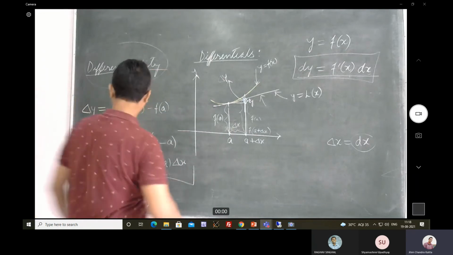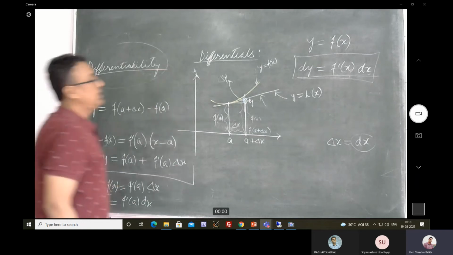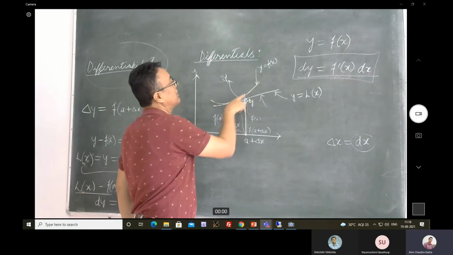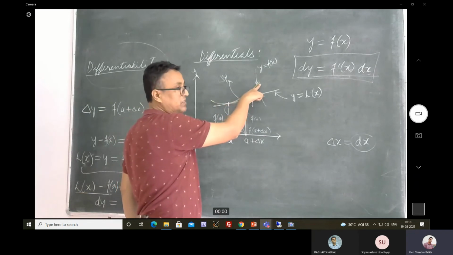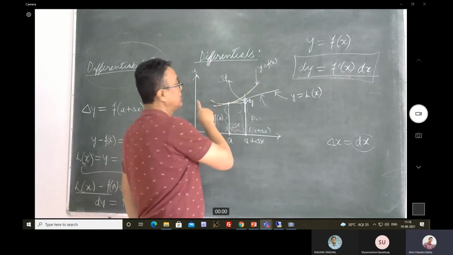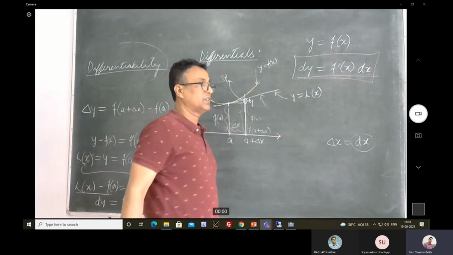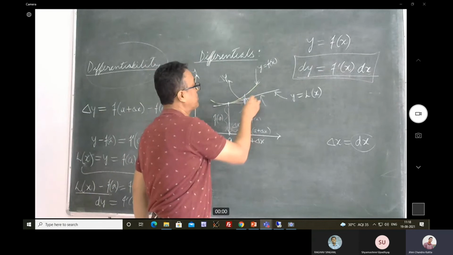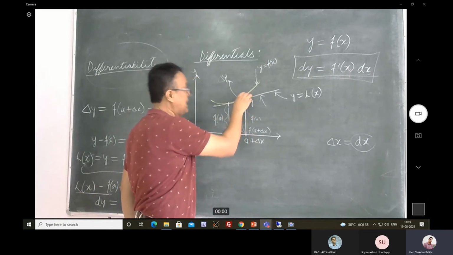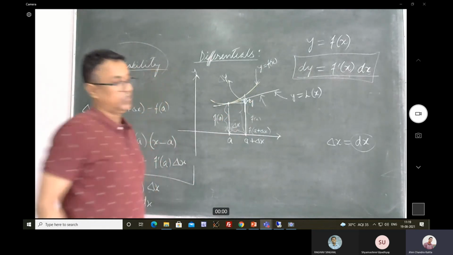While delta y, the increment in the function, is the distance from the actual curve, which is the graph of the function, and the value of the function at that particular point. The differential is the distance from the corresponding point on the tangent line, and the value of the function. So this is the geometrical interpretation.